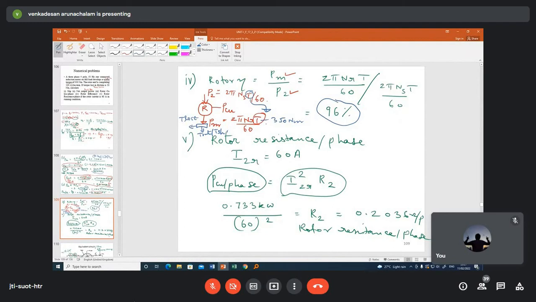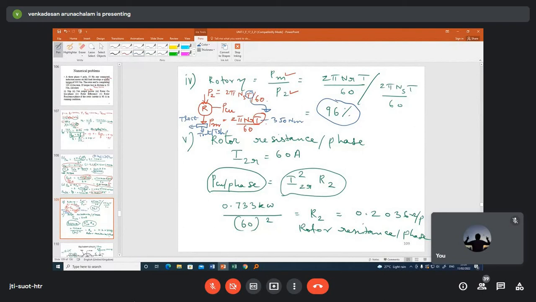Generally, if we model the three-phase induction motor, the model is for per phase only. If we give a mathematical model for one phase, the same model is applicable for the other two phases, provided all three phases are balanced.